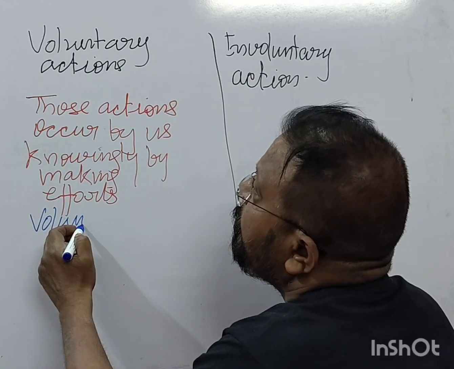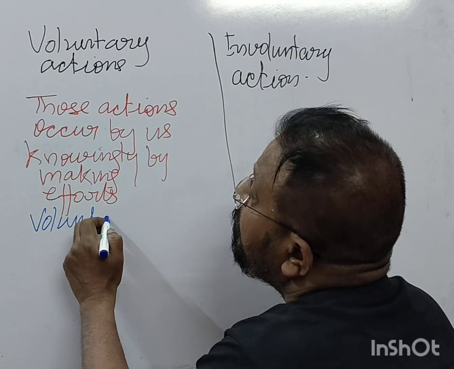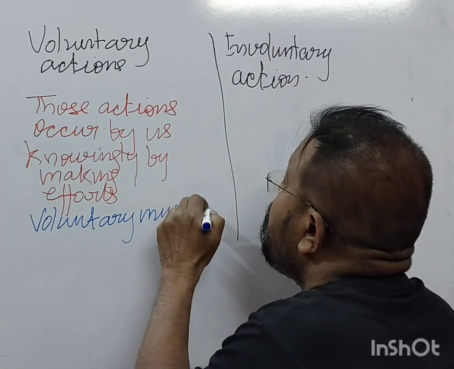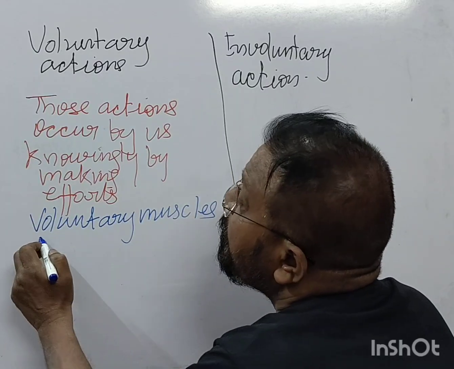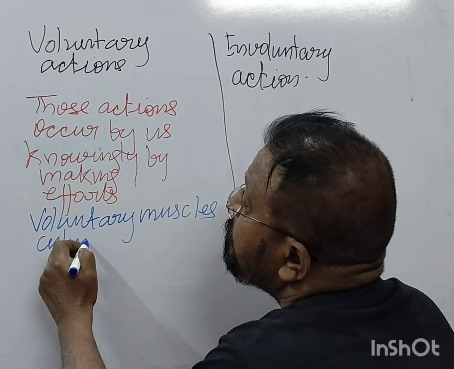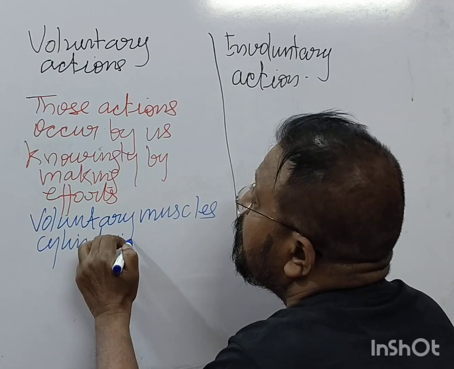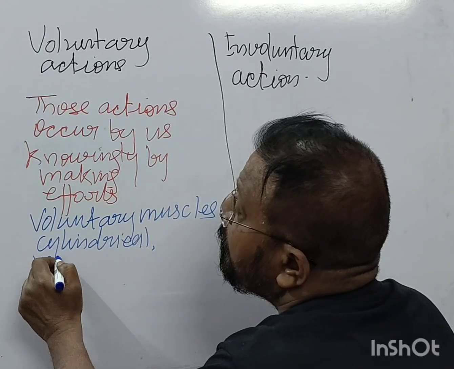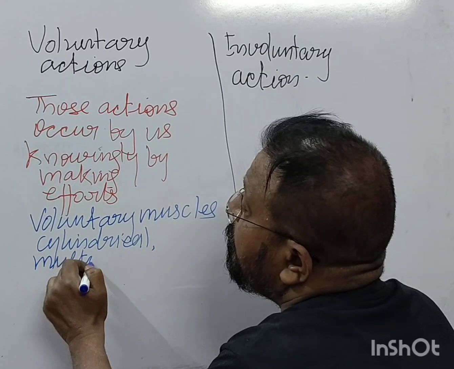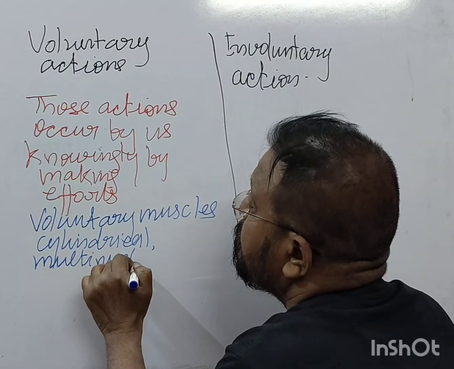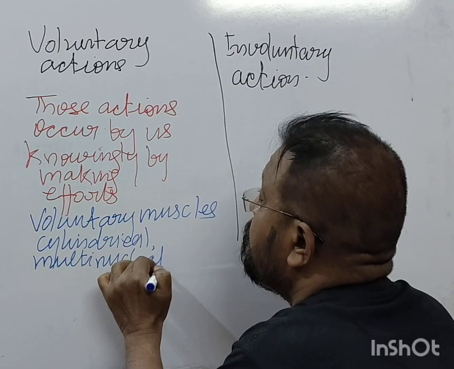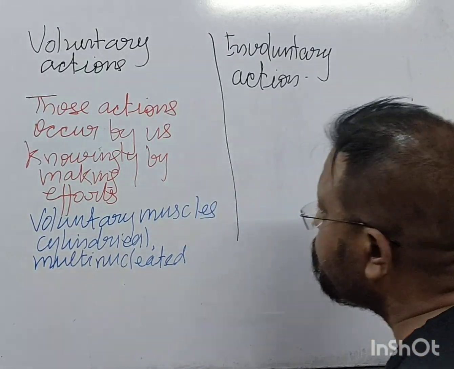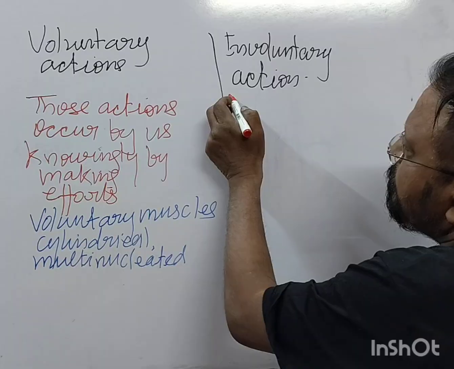Voluntary muscles are cylindrical and multinucleated, right?